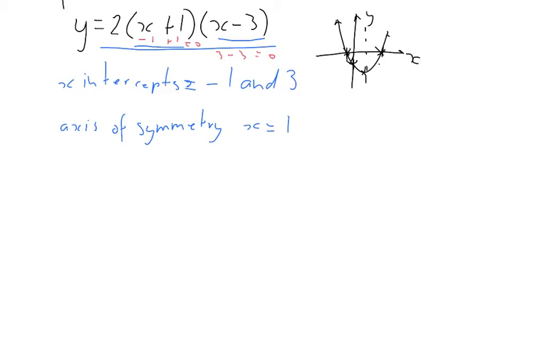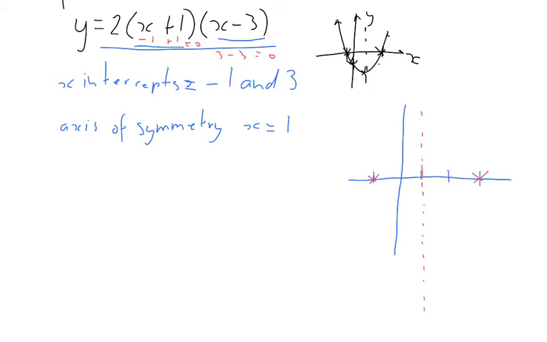So now, if we have our sketch here, we know that we've got -1, 1, 2, 3. We've got our x-intercepts there. Our axis of symmetry is in the middle, which means our vertex has to be on that.